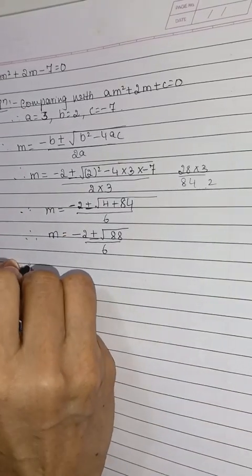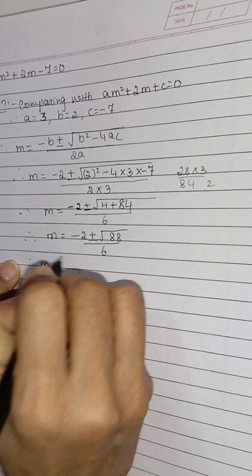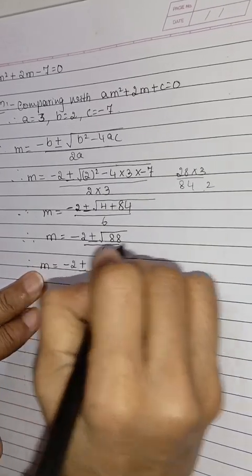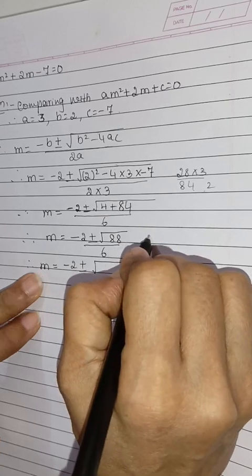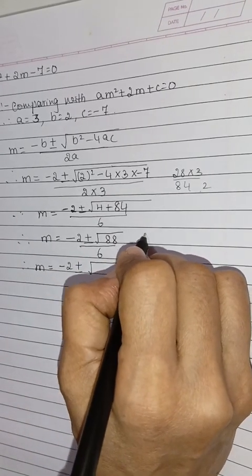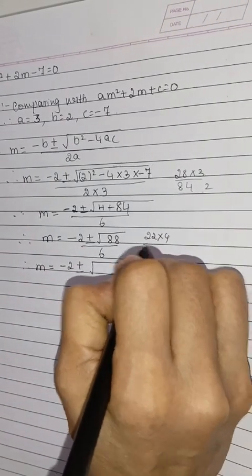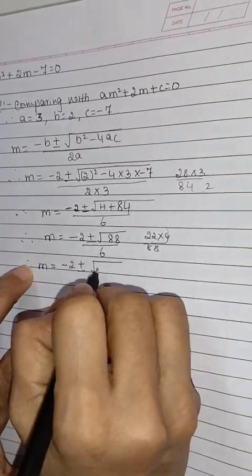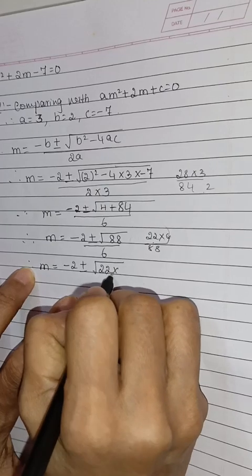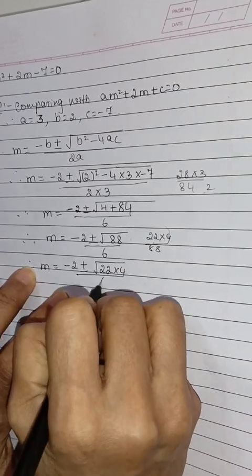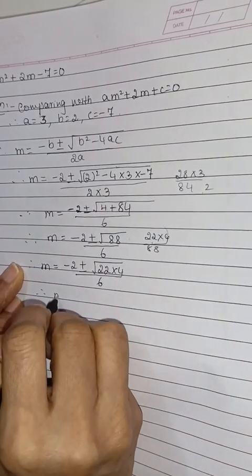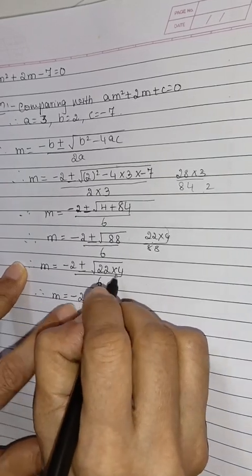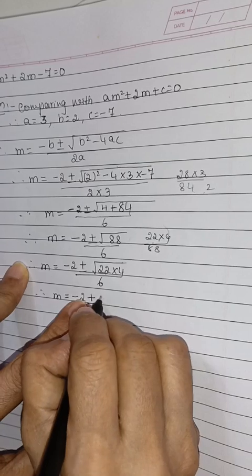Okay, therefore m is minus 2 plus or minus root 88. We can simplify it, 22 multiplied by 4, so 4 2s are 8, so that 2 we can keep out. So we can do like this, root 22 multiplied by 4 divided by 6. Therefore m is minus 2 plus or minus, square root of 4 is 2.